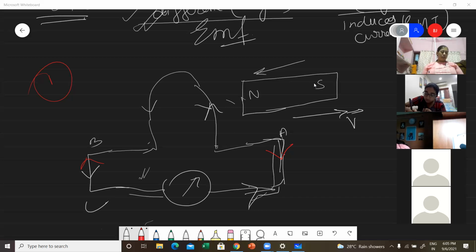If it is a closed circuit, an induced current will flow through it. So first EMF is induced, then EMI is induced.